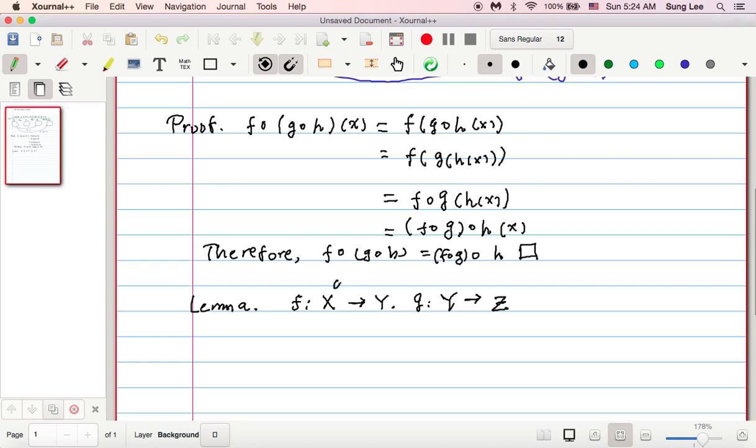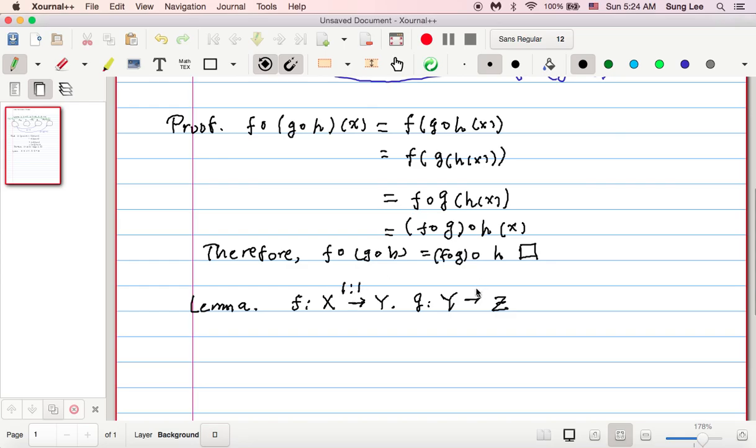So both are one-to-one. Well, actually there's a shorter notation for this. For one-to-one, we also use this notation.